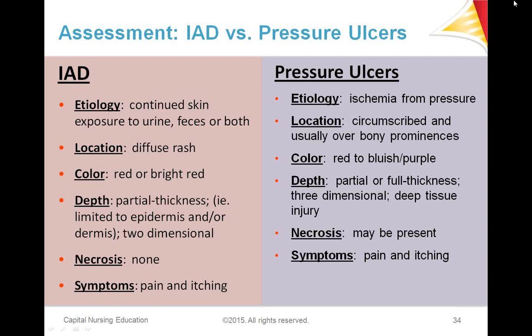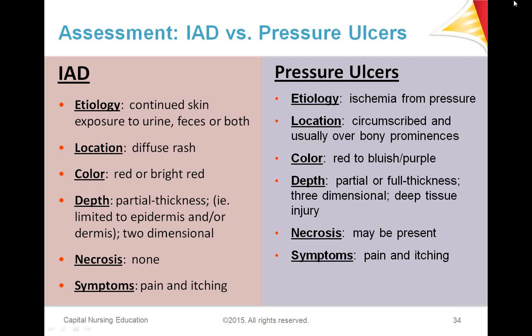In incontinence-associated dermatitis, as we've been able to see from the slides that we've looked at, there's a diffuse rash. It's not well circumscribed like it is in pressure ulcers. It can be bright red or red in incontinence-associated dermatitis, and in pressure ulcers, it may be red, but it also may be a purplish bluish color.